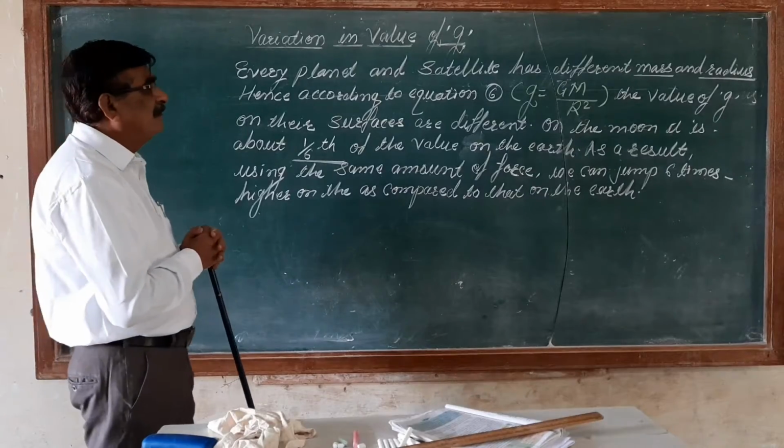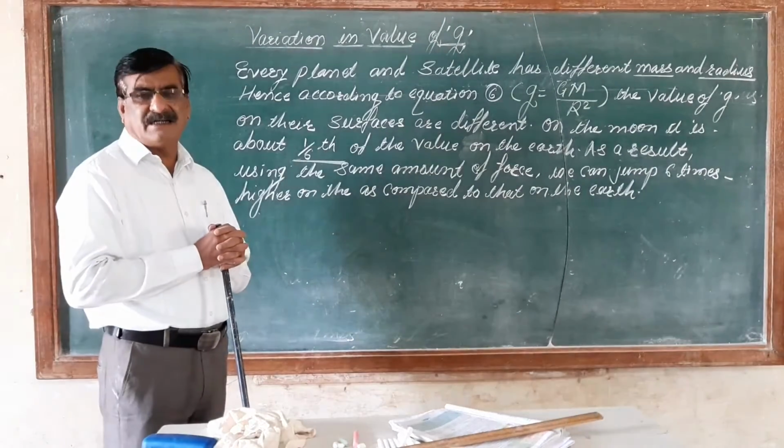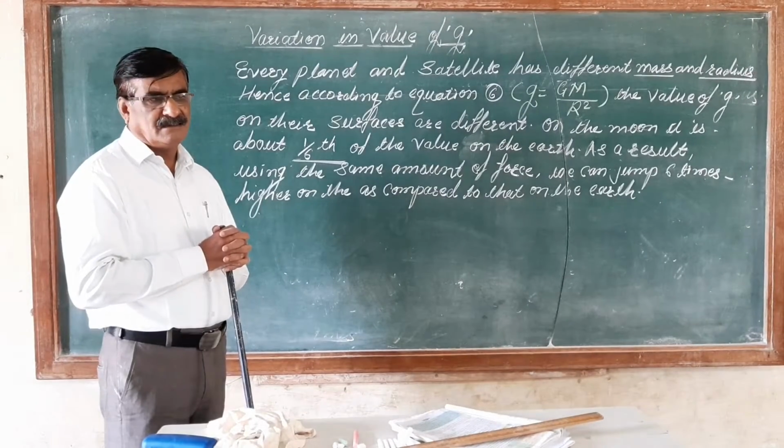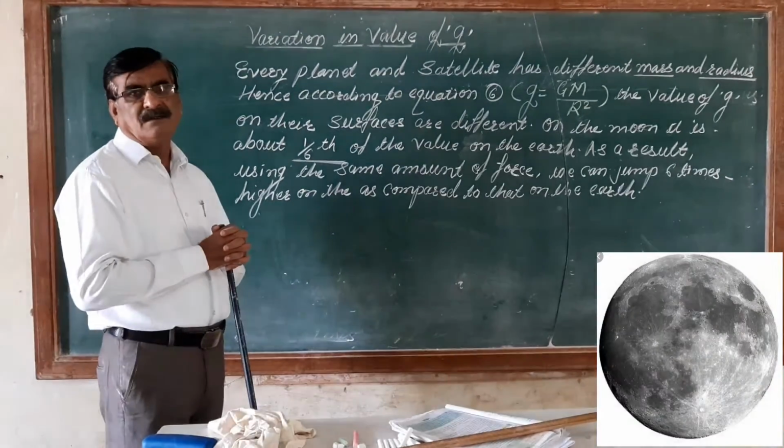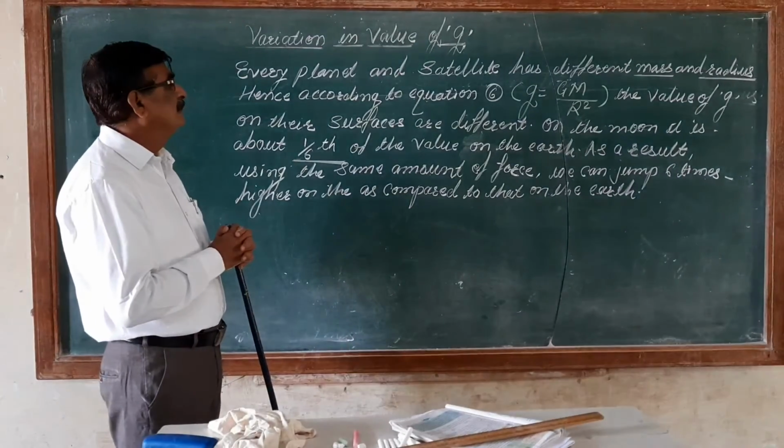Some planets in the solar system have natural satellites, like our moon is a natural satellite of our earth.